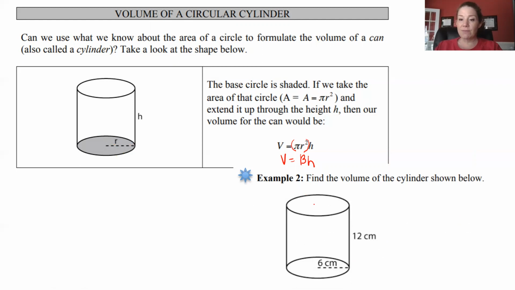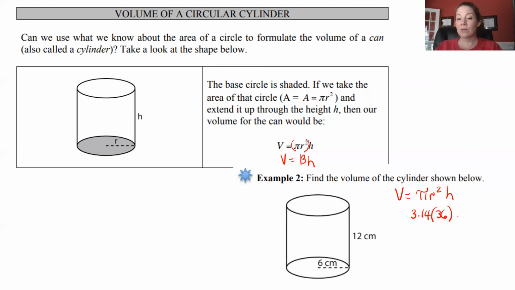So for example 2, we're going to find the volume of the cylinder. So like I said, the first thing we're going to do is find the area of the circle. So we're going to start with pi r squared. And then we're going to multiply the area of the base by the height. So we're going to use 3.14 for pi. We're going to multiply that by our radius squared. Well, our radius is 6, and 6 squared is 36.